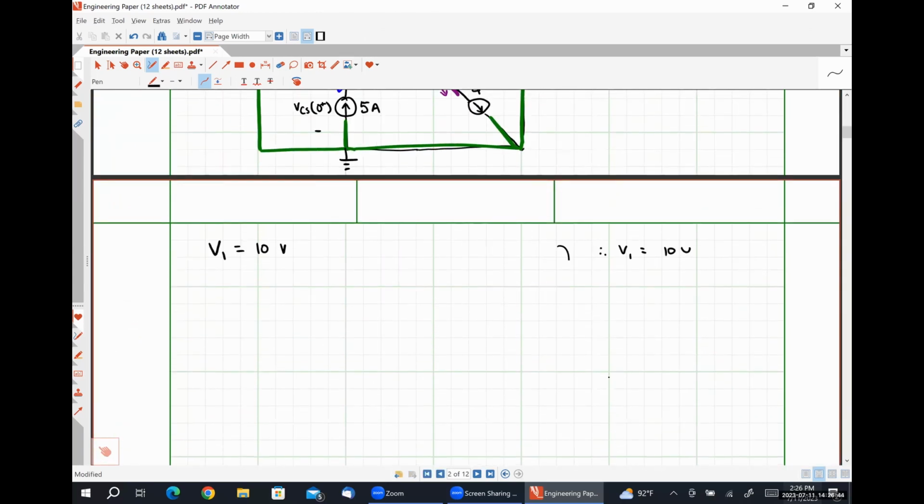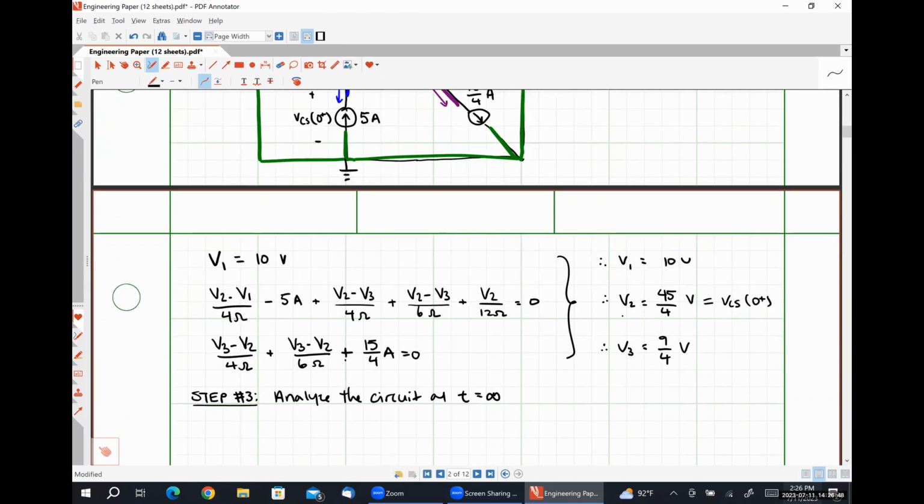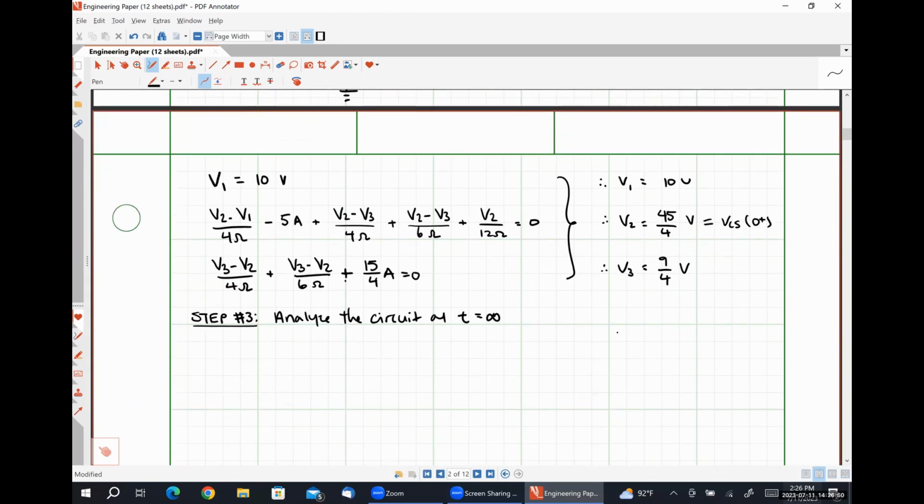Just as a quick aside, if you look at the practice exams I gave you, I don't tell you whether you have a natural response problem or a total response problem, but you will notice that if it's a total response problem, I will ask you about what's going on at t equal to infinity.